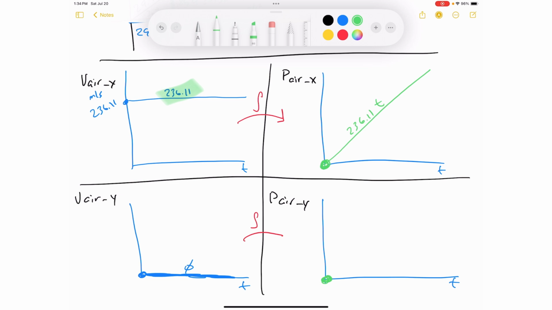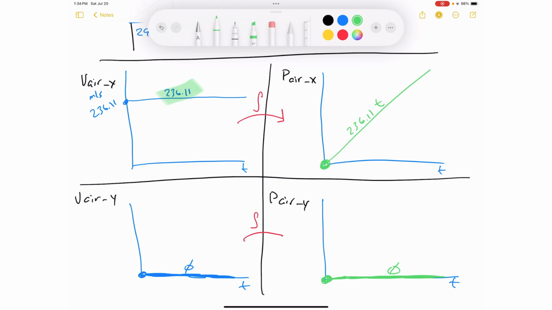And what about the function? Well, because the velocity of the airplane in y is 0, when you integrate that, you're also going to get 0. So this function is just 0, right? And that makes sense because the airplane is not moving in y. The origin was set for 0 in y, and he's not moving.